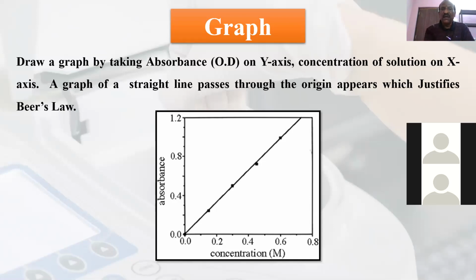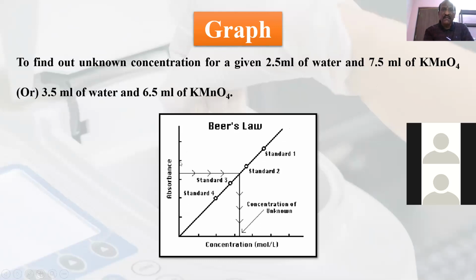Suppose you know this OD value, you will draw a straight line onto this curve. Here you see it coincides, and then you extrapolate it onto the x-axis from there to here.